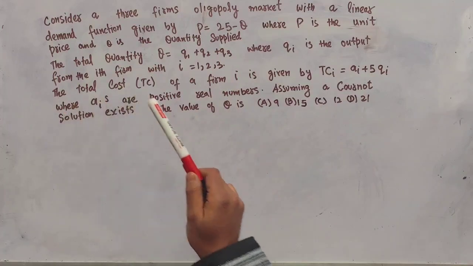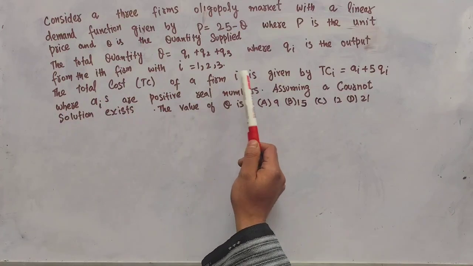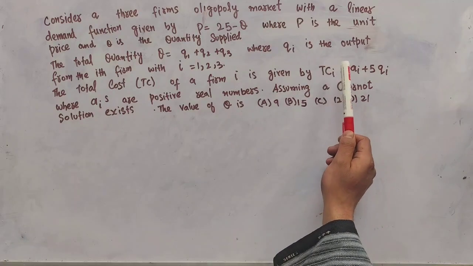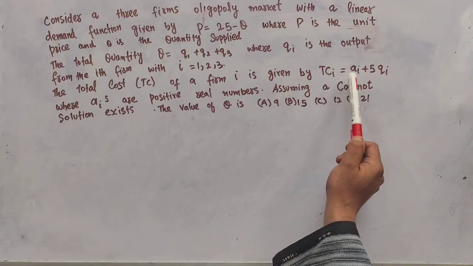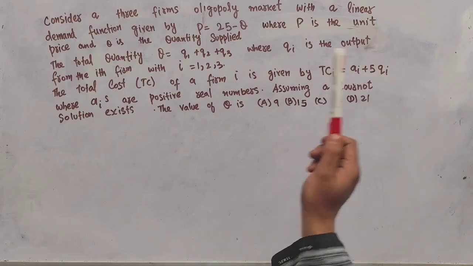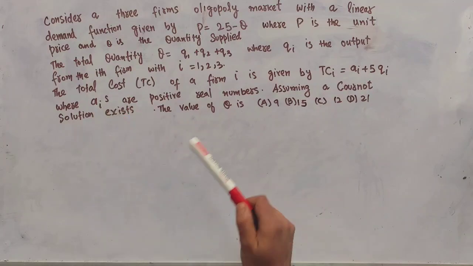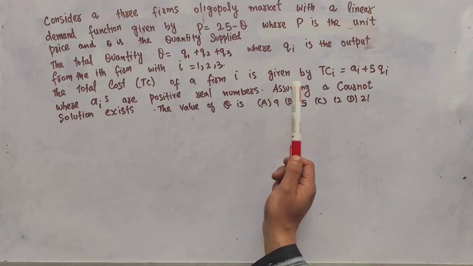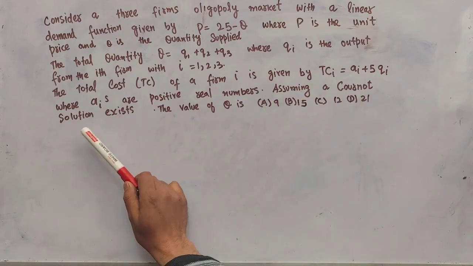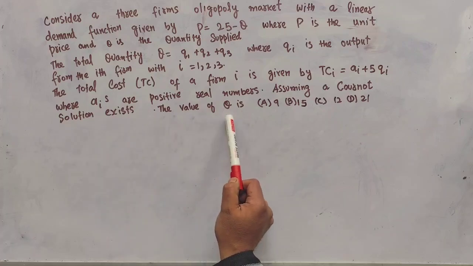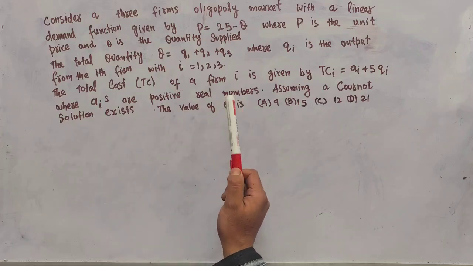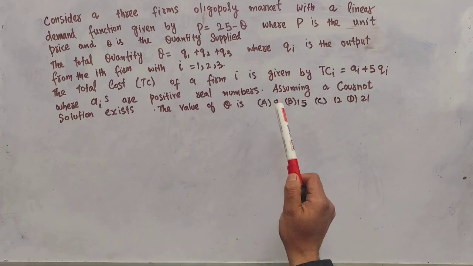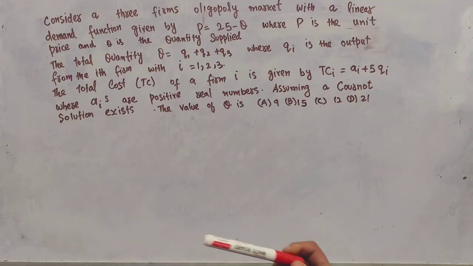The total cost of firm i is given by TCi equal to ai plus 5Qi, where ai's are positive real numbers. Assuming a Cournot solution exists, the value of Q, that is total quantity supplied in this market, is equal to, options are 9, 15, 12 or 21.